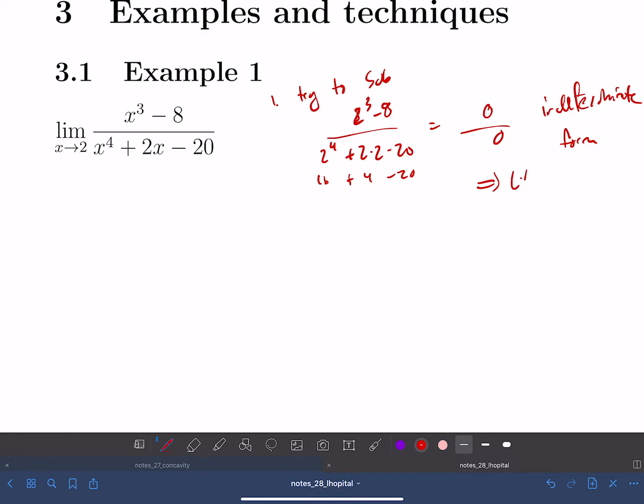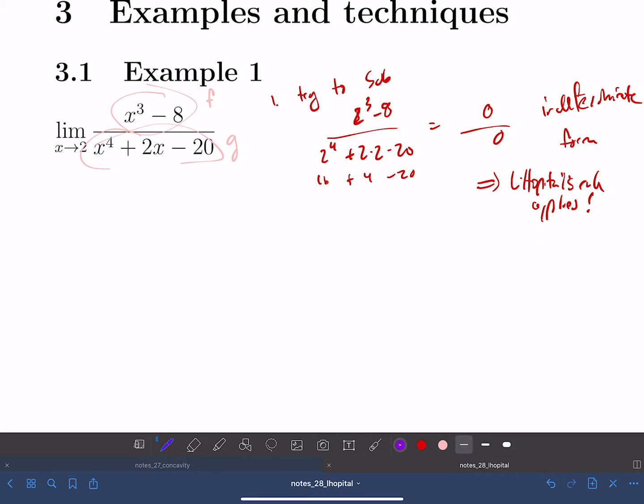So I saw indeterminate form. That means that L'Hopital's rule applies. Cool. So let's try using L'Hopital's rule. I've got in the top here something, let's call that f. In the bottom here, I have what we're going to call g.